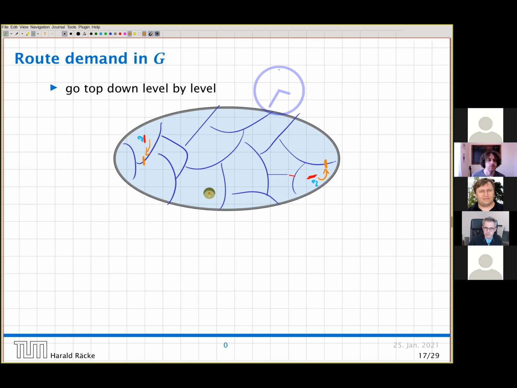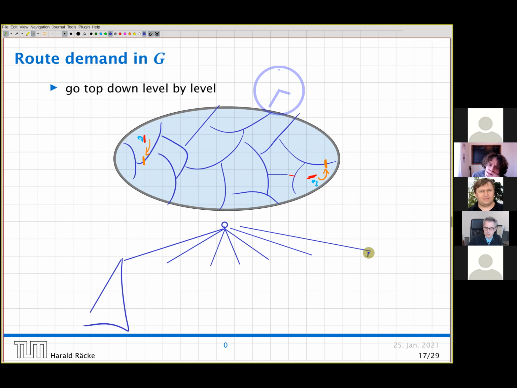Why is this true? If I look at the tree, how does this picture look in the tree? I have this cluster and I have lots of children. Now what does it mean? I have E1 somewhere here in the tree. So E1 is some path here. E2 is some path here. And now routing from E1 to E2 in the tree would be this, and then down here.